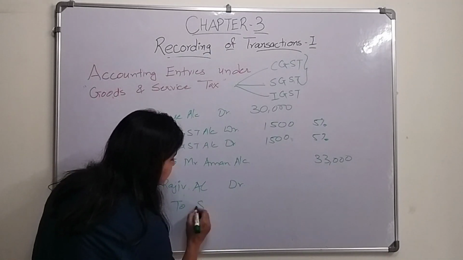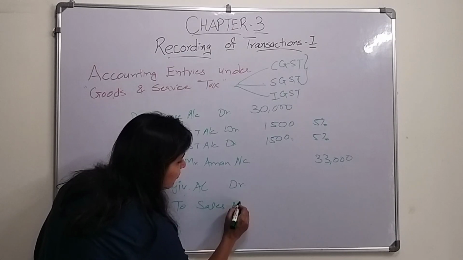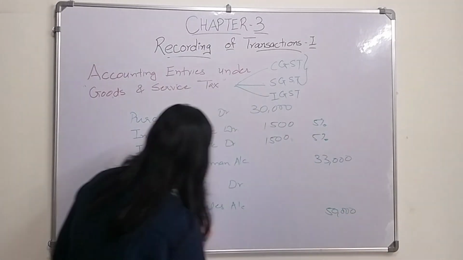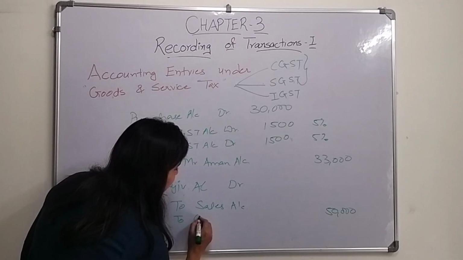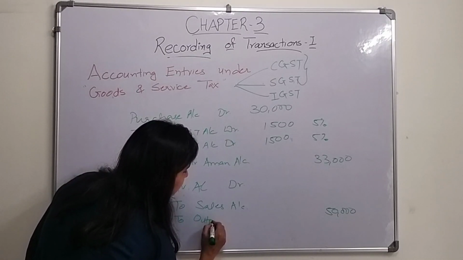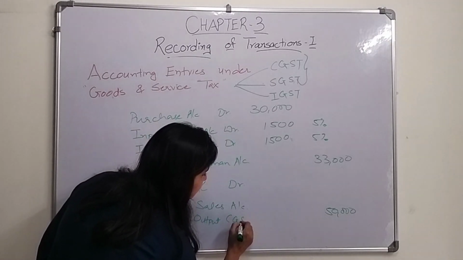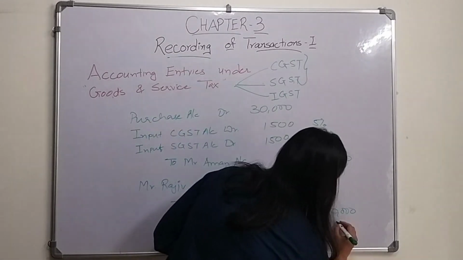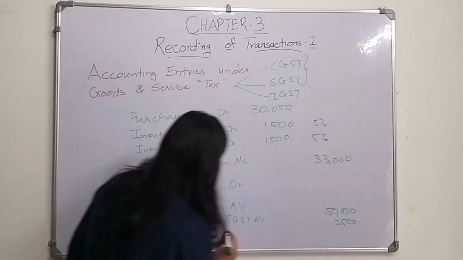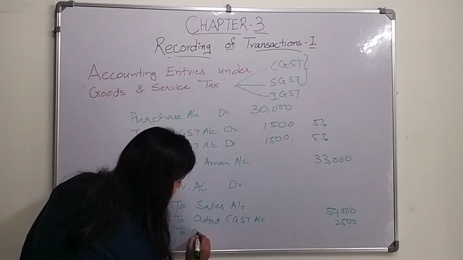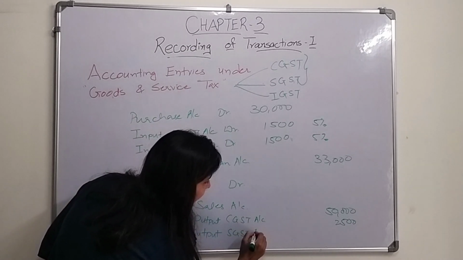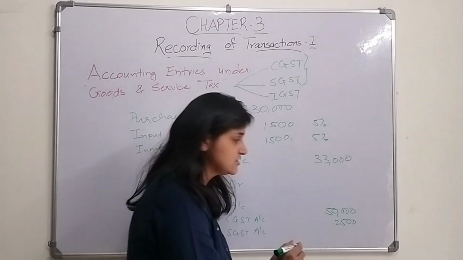First, I will sell the goods worth rupees 50,000 to sales account. I will collect output CGST at the rate of 5%, and output SGST. I will collect CGST and SGST from him.